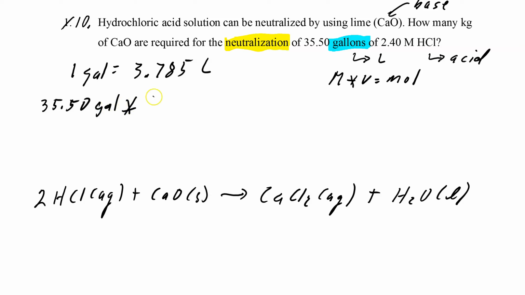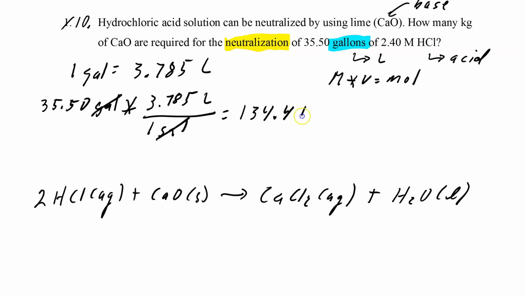We're going to multiply that by 3.785 liters per 1 gallon. My gallons cancel. And doing the multiplication here, I get 134.4 liters of HCl. So now I've converted our volume in gallons to our volume in liters.